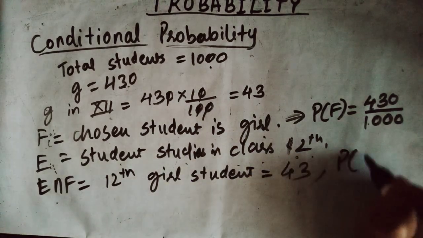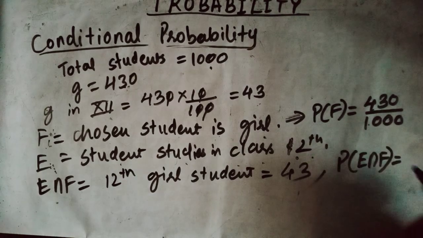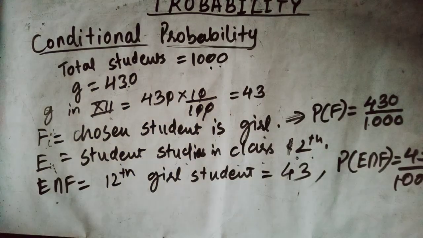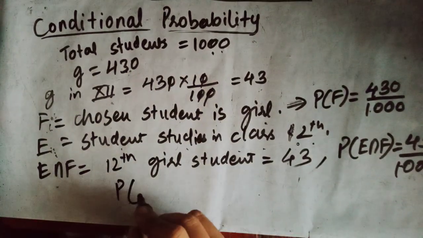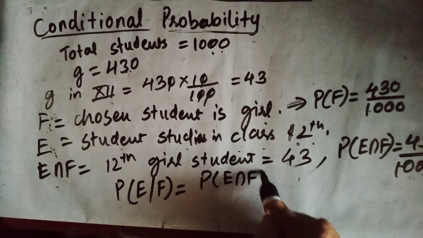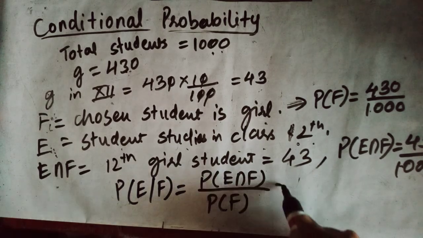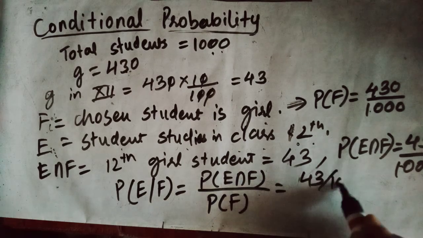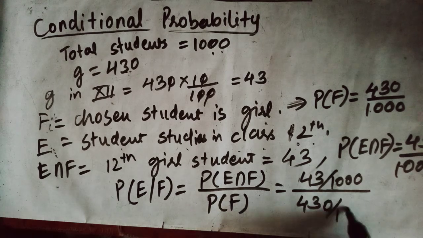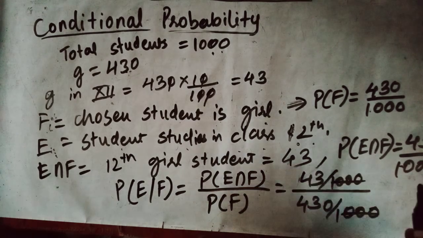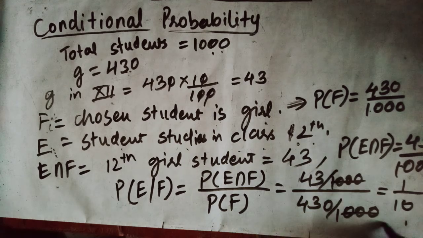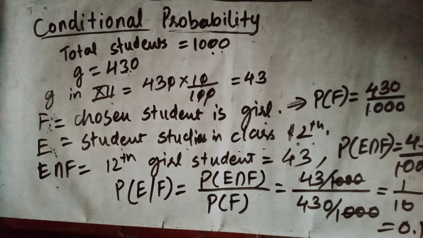So the probability of E intersection F will be 43 students out of total, that is 1000. Okay, now you find the probability. P of E over F will be P of E intersection F upon P of F. So this is 43 by 1000 upon 430 by 1000. Okay, so this will be 1 upon 10, which is 0.1. This is the probability.